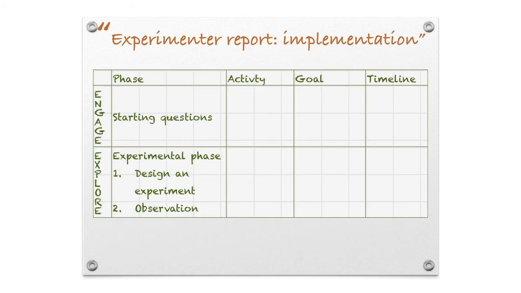For the implementation, you have to write down, for each phase, in this case engage and explore, the activity you carried out, the goal you want to reach, and the time needed to make this activity.